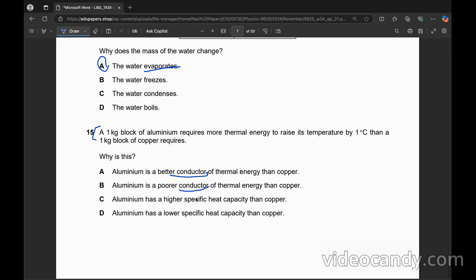Now, as I mentioned, this is the basic definition of specific heat capacity. Now we can analyze the given information. So aluminum requires more thermal energy. Now I just have to remind you of the equation. So specific heat capacity is equal to change in energy divided by mass times temperature change.